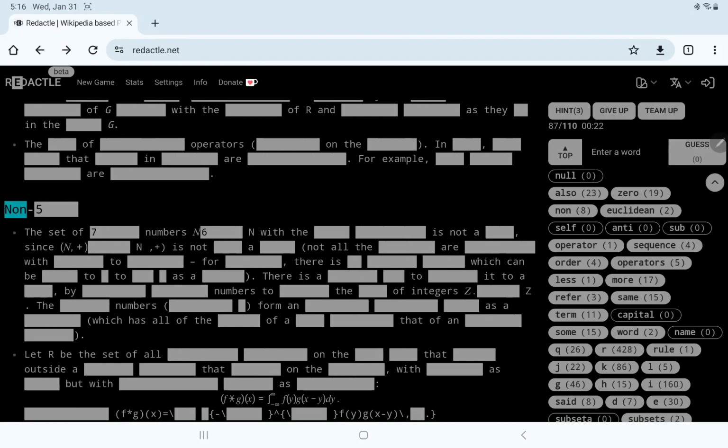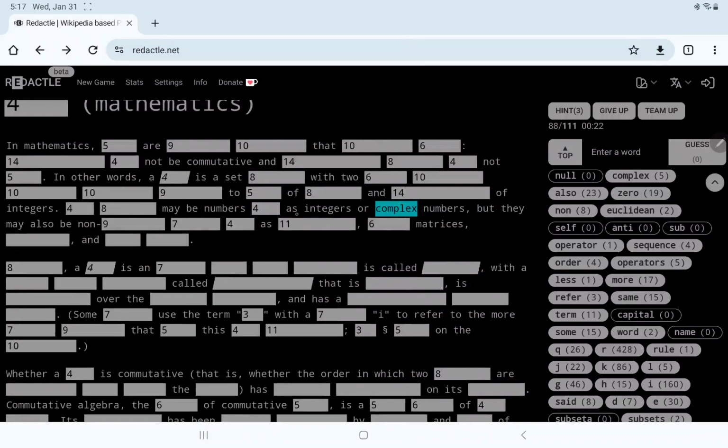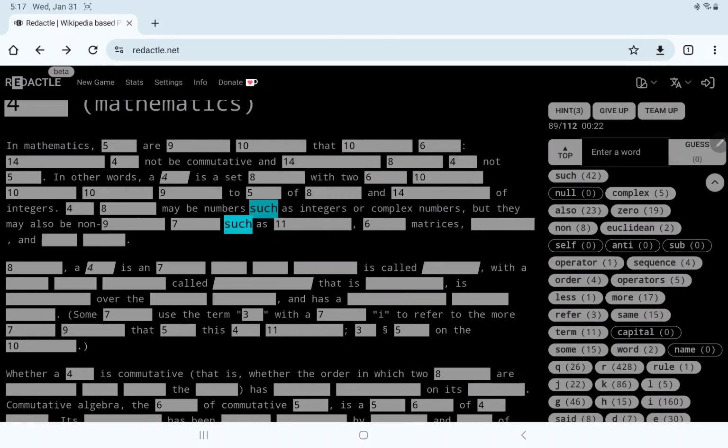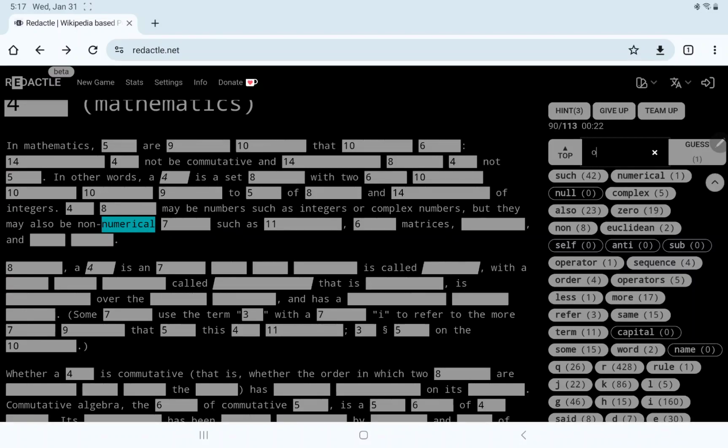The set of complex numbers. No. We do have complex. Maybe numbers such as integers are complex numbers, but they may also be non-numerical objects, maybe.